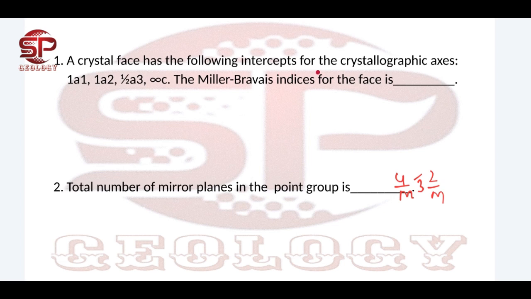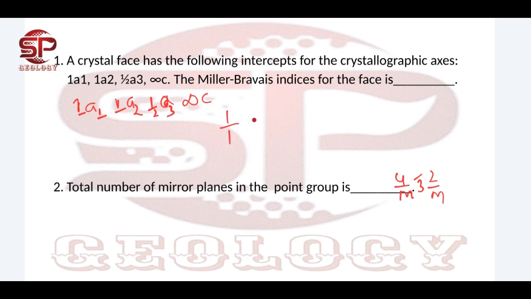Then, a crystal face has the following intercepts to the crystallographic axes: 1A1, 1A2, half A3, infinite C. So you have to calculate the Miller-Bravais indices for this face.